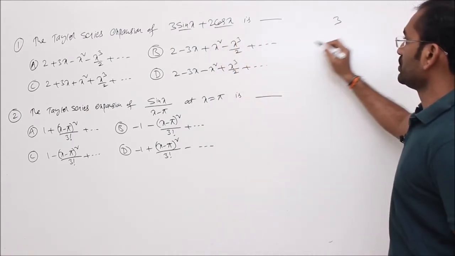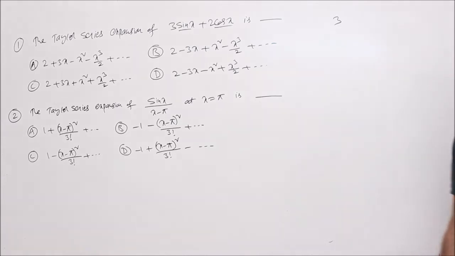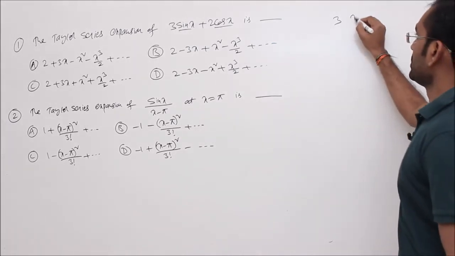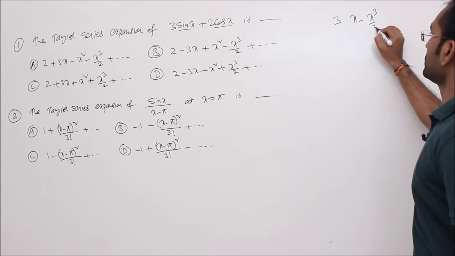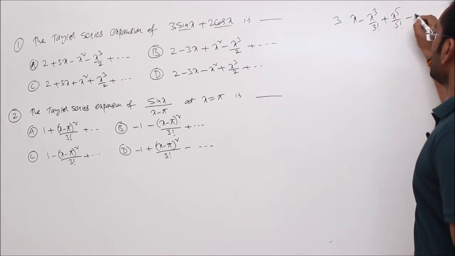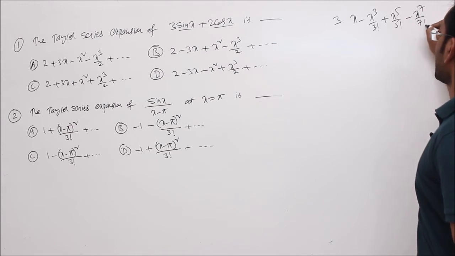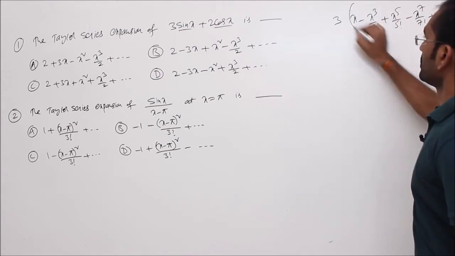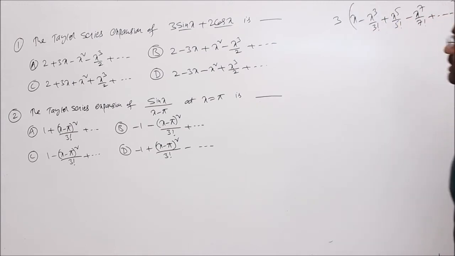Here, 3 into the Taylor series expansion of sin x in powers of x, which is x minus x cube by 3 factorial plus x power 5 by 5 factorial minus x power 7 by 7 factorial plus and so on, plus 2 into the expansion of cos x, which is 1 minus x square by 2 factorial plus x power 4 by 4 factorial minus x power 6 by 6 factorial plus and so on.